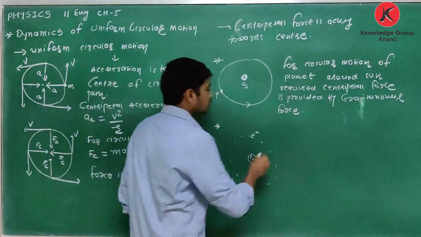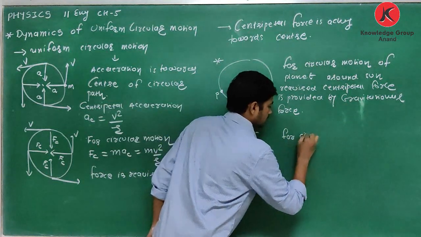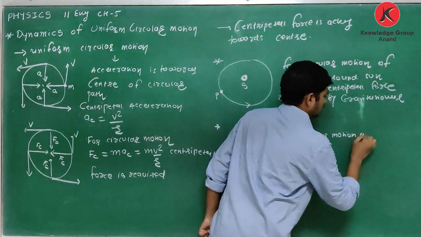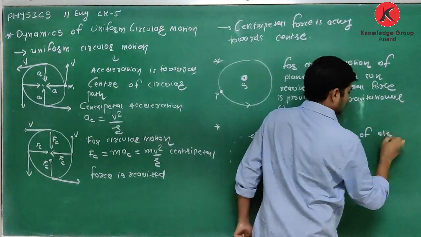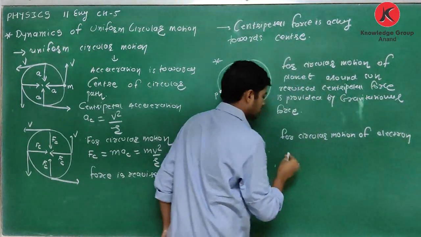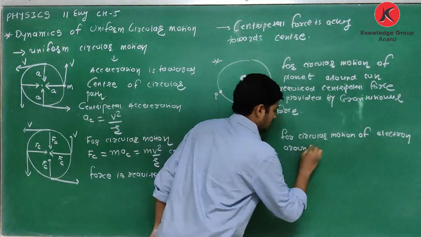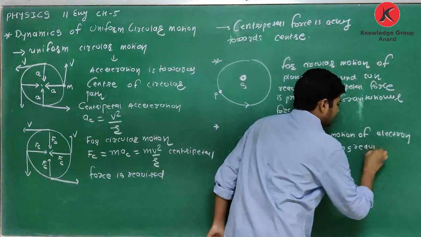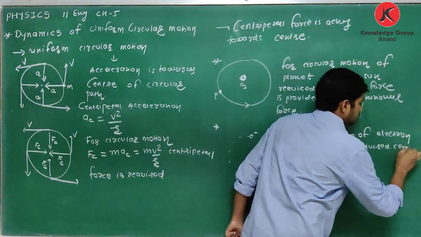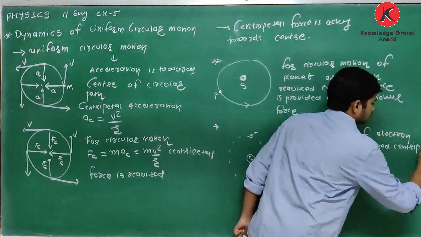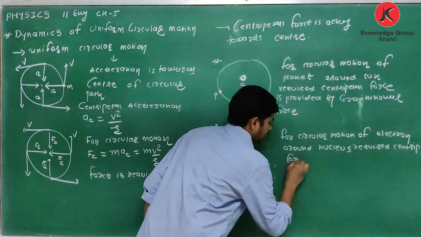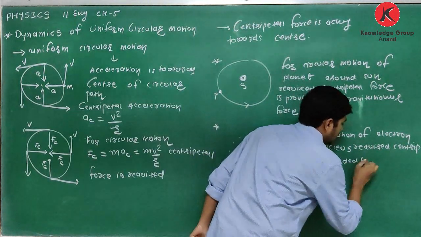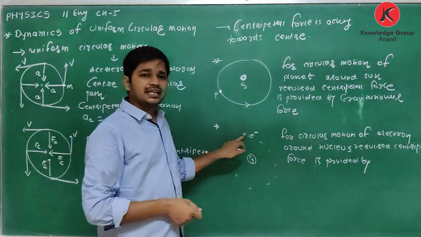So for circular motion of an electron around the nucleus, the required centripetal force is provided by, yes, nucleus and electron.